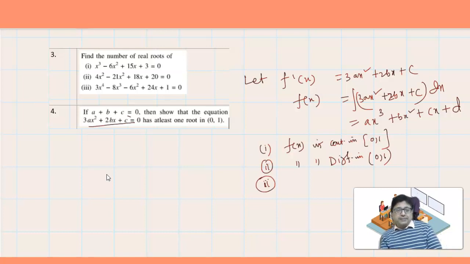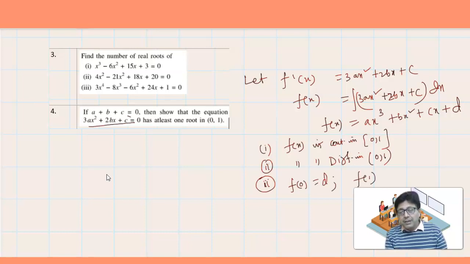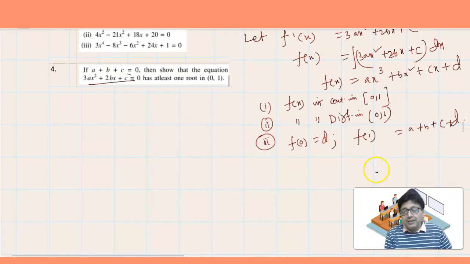And number 3, what is f(0) here? If this is your f(x), what is f(0)? And what is f(1)? Are they equal? Then Rolle's theorem third condition is obeyed.